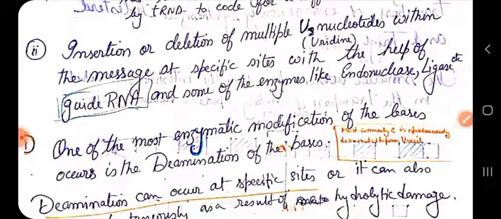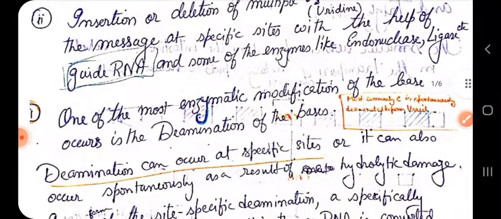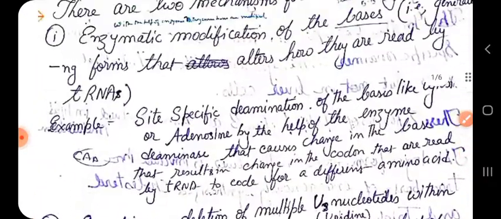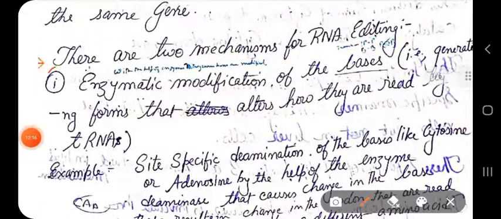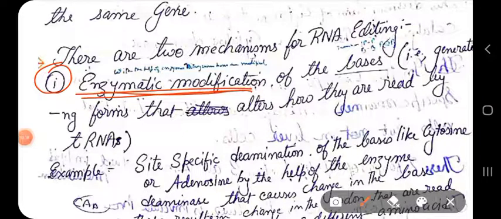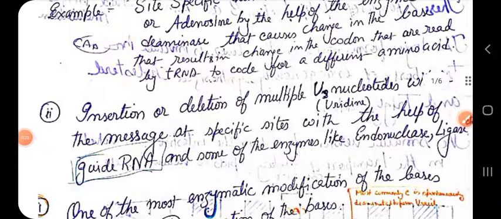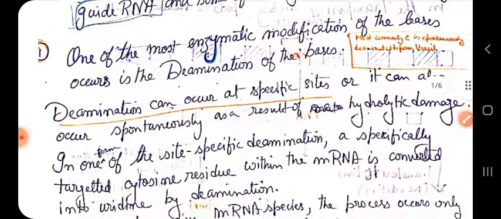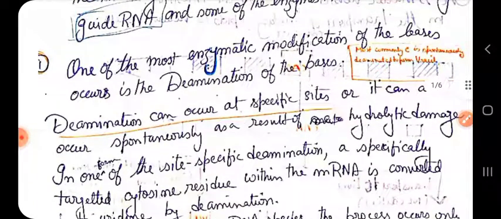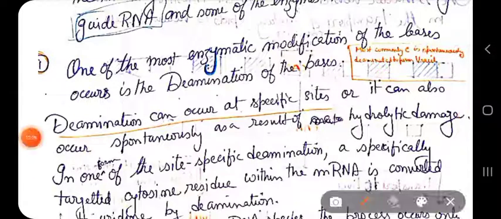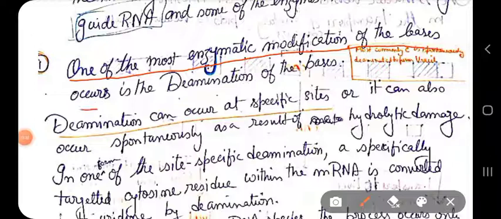Let us see the most common, and first we explain with the help of an example, enzymatic modification of the bases. This is the first method to do RNA editing. One of the most common enzymatic modifications of the bases is the deamination of the bases.